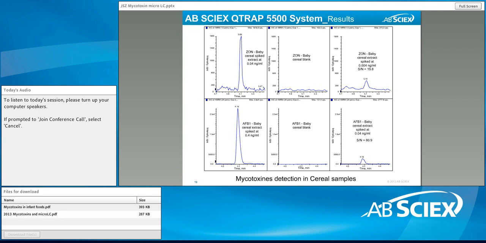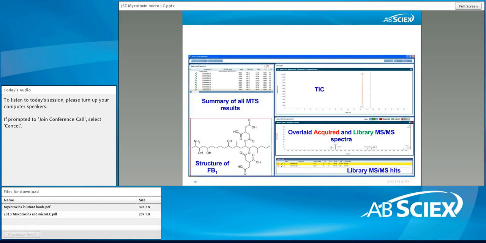In the middle, you see the blank of this baby cereal extraction has no peak. On the left, we spiked aflatoxin B1 at 0.4 nanogram per milliliter, and the right side is spiked at a 10-fold lower concentration, 0.04 nanogram per milliliter, and you still have a signal to noise of about 80. That means that is still above the LOQ for the instrument.